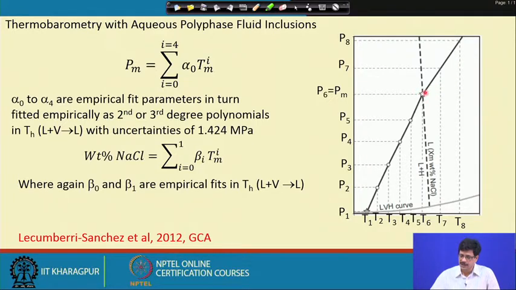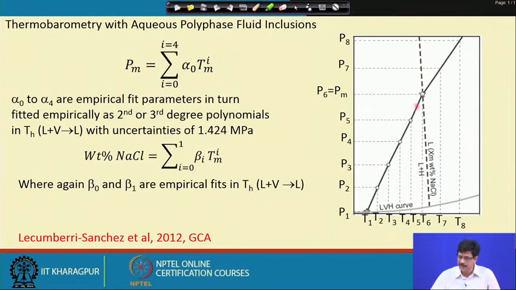But then for this particular situation, initially a crude method was devised in which the sodium chloride's properties, its coefficient of thermal expansion, and the amount of sodium chloride that dissolved from T1 to Tm, let us say T6, the temperature at which the halite dissolves.